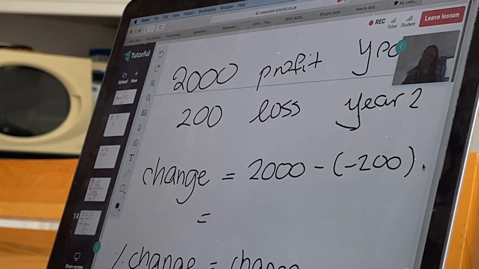No. Not quite. So just make sure we've got the correct change. So what do you get for the value of the change year on year?